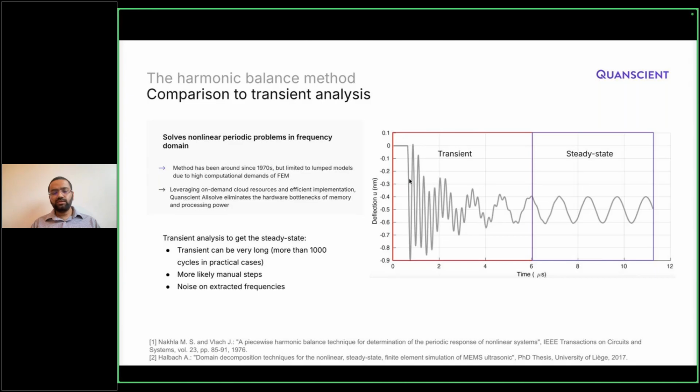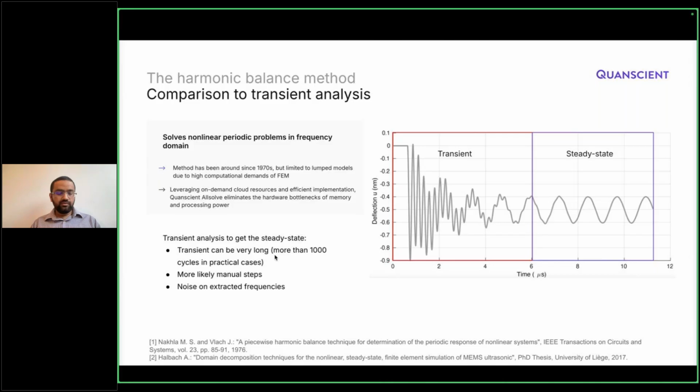As you can see, there is an initial transient that needs some time to stabilize until we reach the steady state periodic response. And this time, as we'll also see in one of the examples that I'll show, can be quite significant.